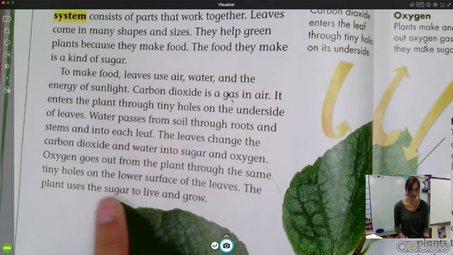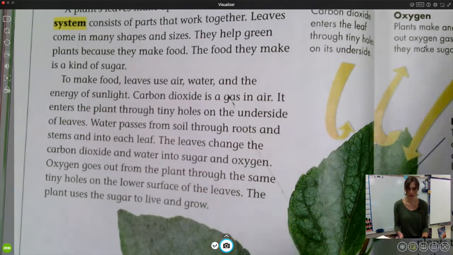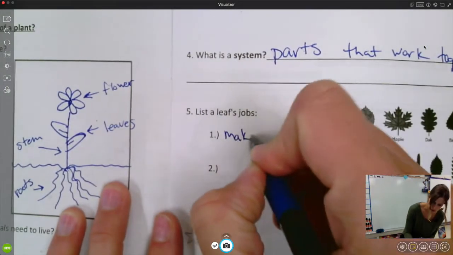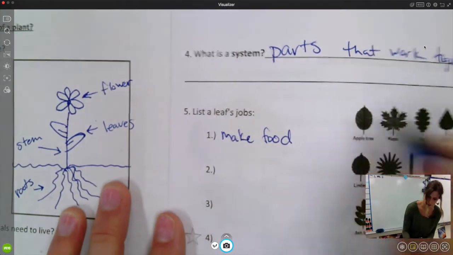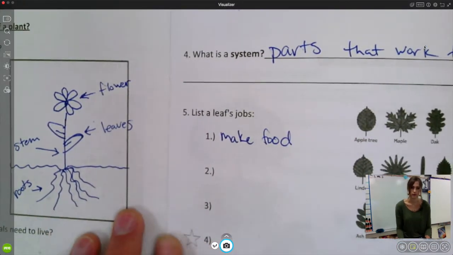The plant uses the sugar to live and grow. So, first main leaf's job: to make food. The leaves are where the food is made to help that plant grow and stay healthy.